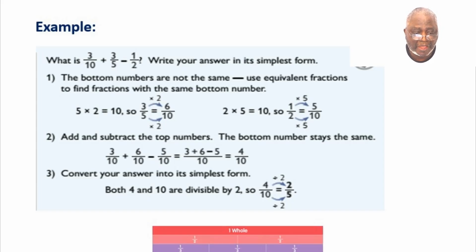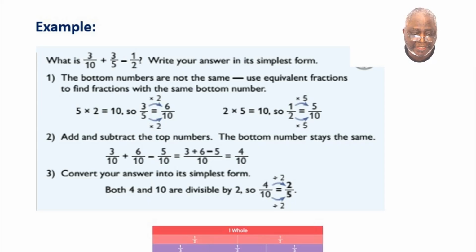Here goes. 5 times 2 is 10, so 3 times 2 is 6, and 5 times 2 is 10. So you have 6/10, and then the second bit, 2 times 5 is equal to 10, so 1 times 5 is 5, and 2 times 5 is 10. And the third bit, add and subtract the top numbers. The bottom numbers stay the same.